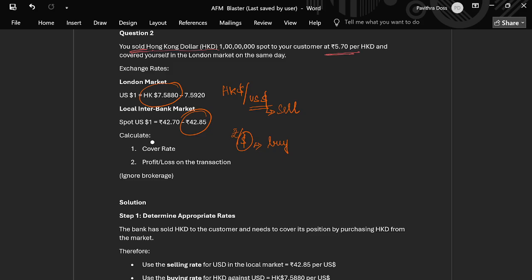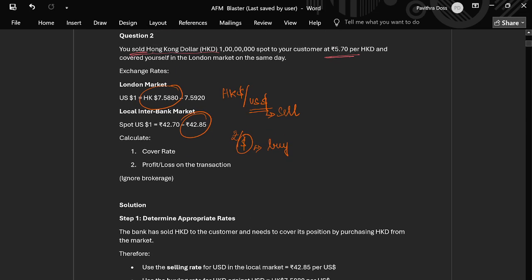We do not have. So we are going to cross multiply and find out the amount we are going to get. So how do we arrive at it? We need rupee per Hong Kong dollar, but all we have is Hong Kong dollar per dollar and rupee per dollar. This is what we have, right?